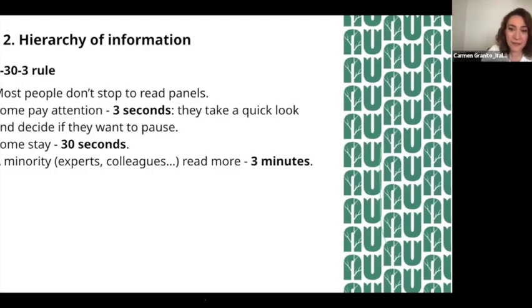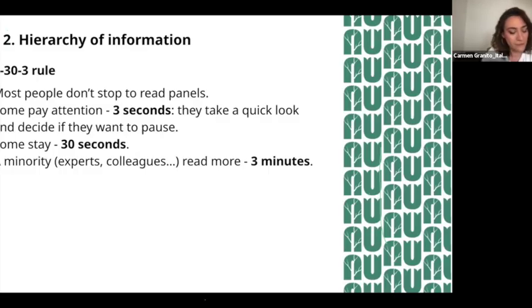Those who decide to stay stay for about 30 seconds to read a little bit. There's an interesting word or interesting graphics, I'm going to look at what it says, and I spend 30 seconds skimming through it. And then only a very small minority, mostly experts or people who already have a specialized interest in the topic, stay and read more for about 3 minutes.